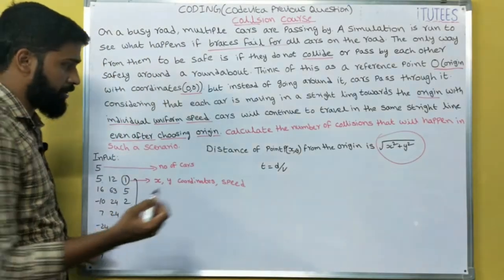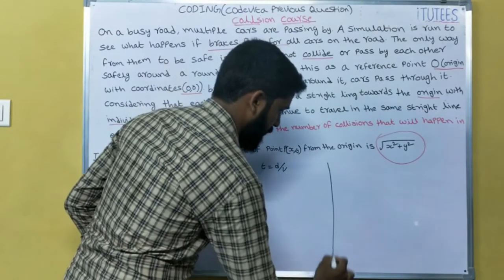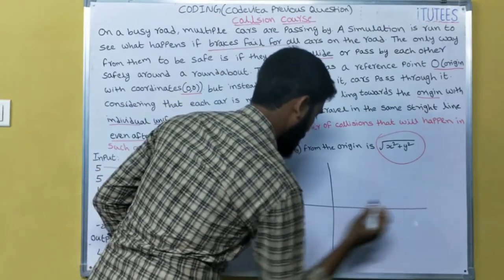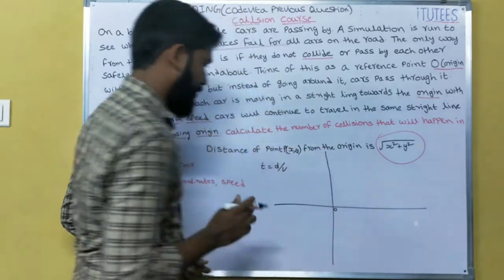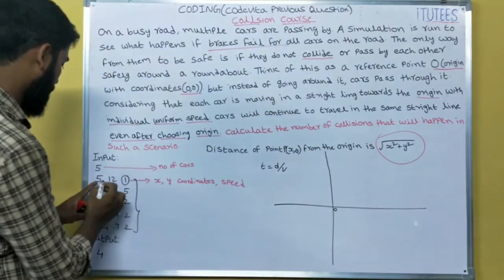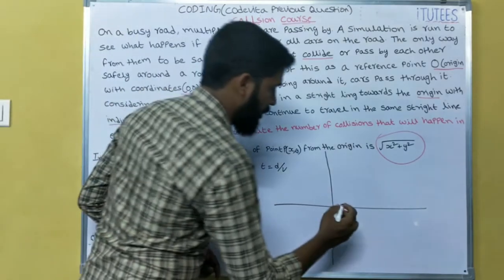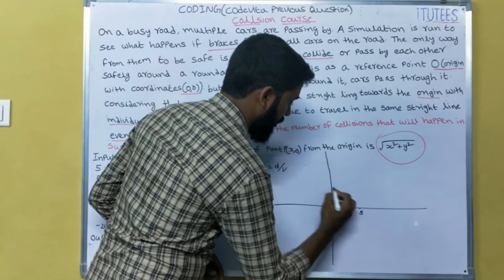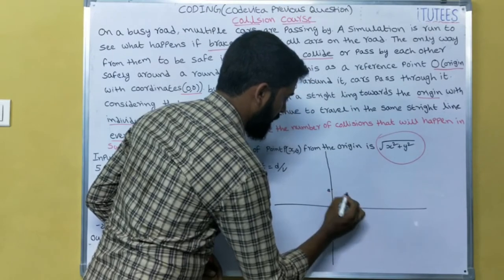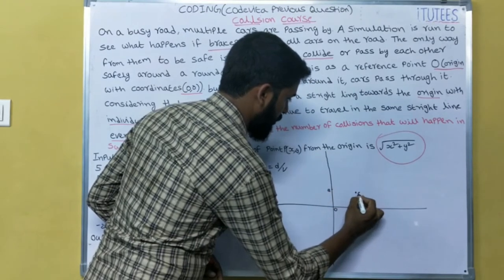There are 5 cars. This is the origin. Don't think about the diagram. The first car is at 5, 12. Let us assume this is the 5 and this is the 12. So this is car 1.